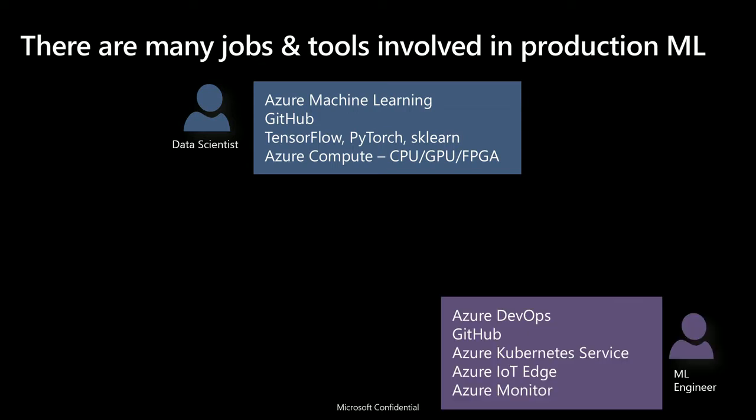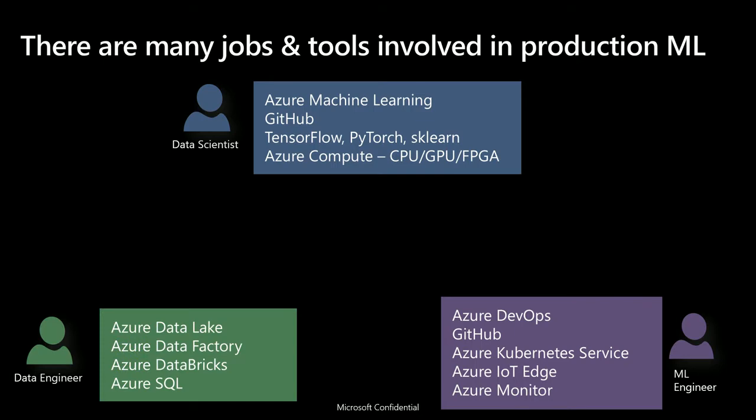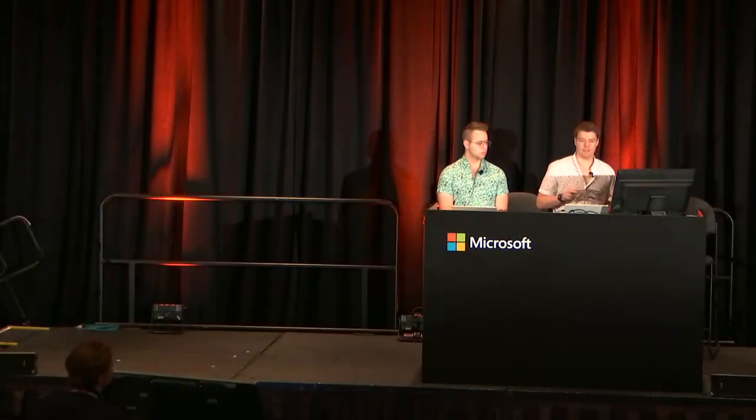It's kind of like software engineer is to computer scientist, the same analogy. So you've got your ML engineer. They're typically using tools like Azure DevOps. They're the ones dealing with the Kubernetes clusters, dealing with deployment to the edge, integrating with their existing monitoring pipelines. And then finally, you've got your data engineers who are using ETL tools. They're mucking with the data lake, getting the data into a useful form for you.